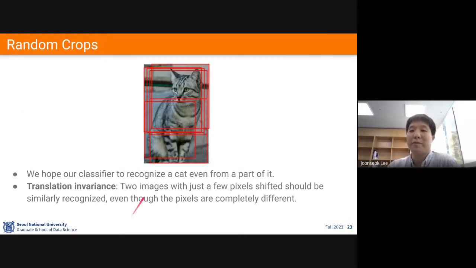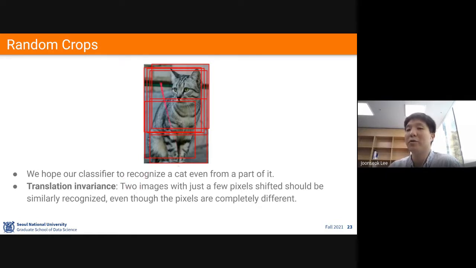And random crops. This entire image of a cat is a cat, but if we take only this part of the image, is it still a cat? Right. So it should still be a cat. So we crop different parts of the images, and we feed that as our training example.